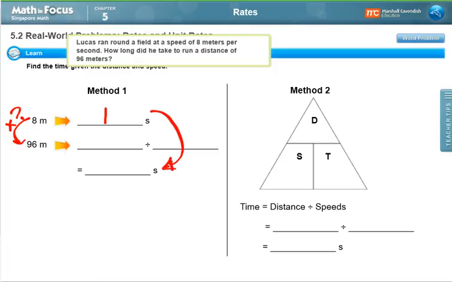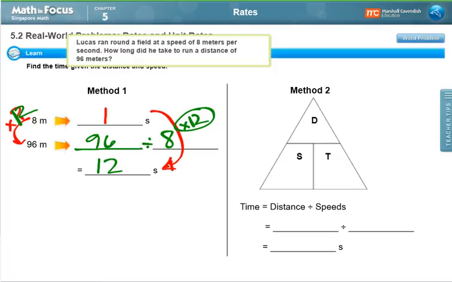The way we find that mystery number is we take the 96, the end part, and divide by the 8, the beginning, and we find that we need to multiply by 12 to get the equivalent ratios, so it will take 12 seconds to run 96 meters.